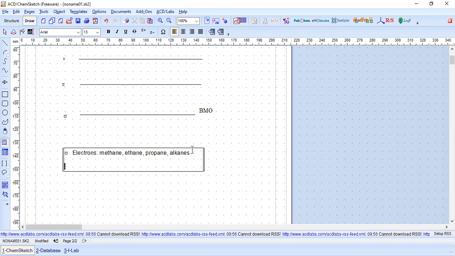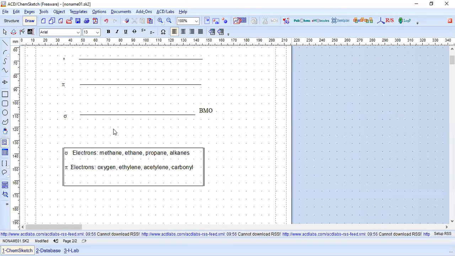Suppose if you are going for pi electrons, simple oxygen also will come, ethylene, acetylene, all other unsaturated molecules, even carbonyls, that means formaldehyde, this type of thing.